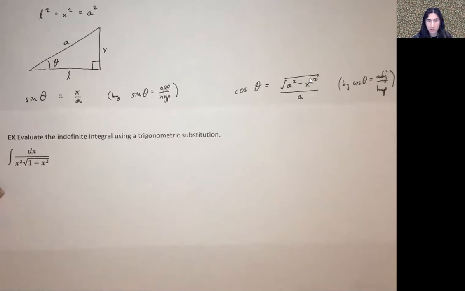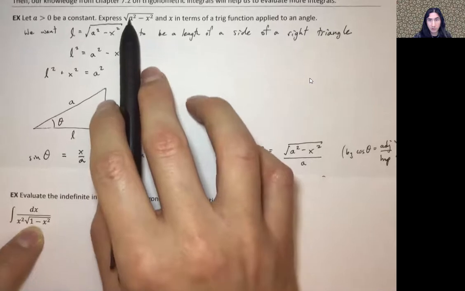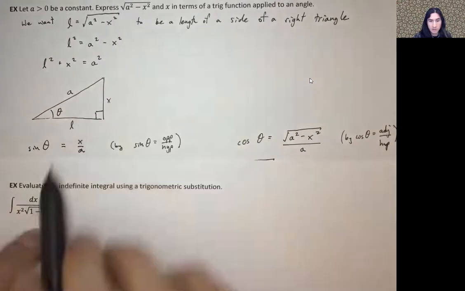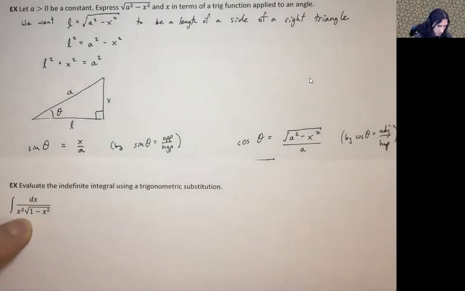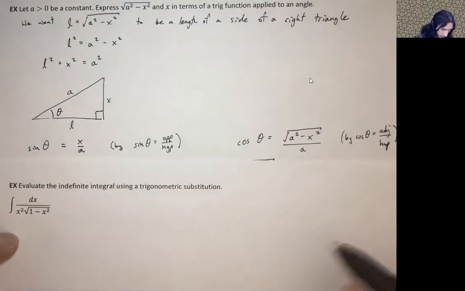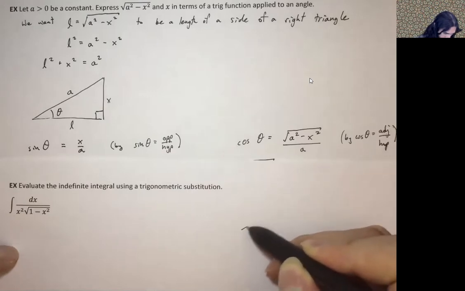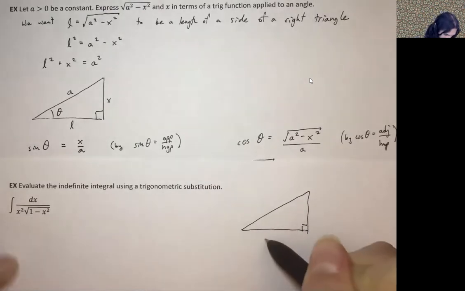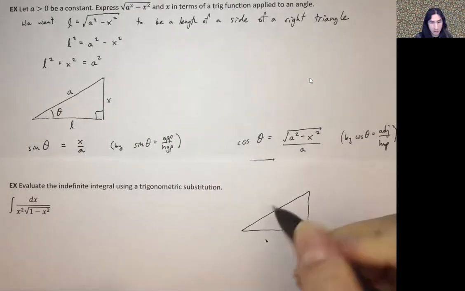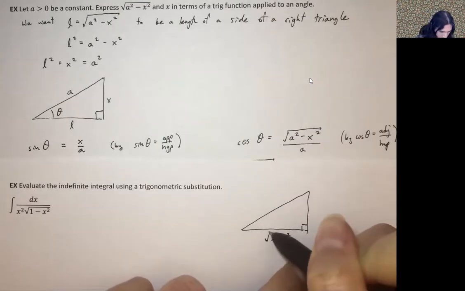So let's go ahead and remind ourselves that, since we have this sort of form right here, the substitution I would like to make will look like this. Okay, so I'm going to begin by thinking about a right triangle where this side is my expression, my strange radical expression.